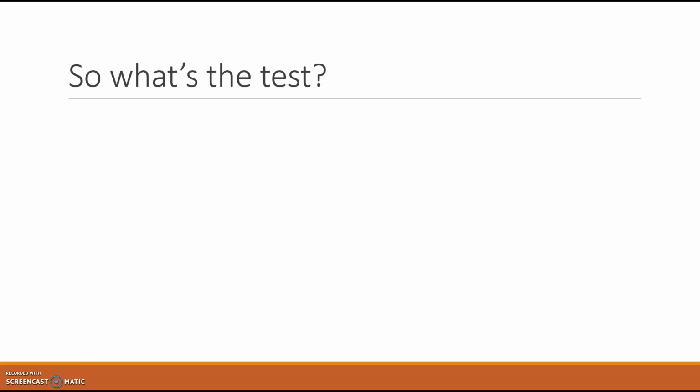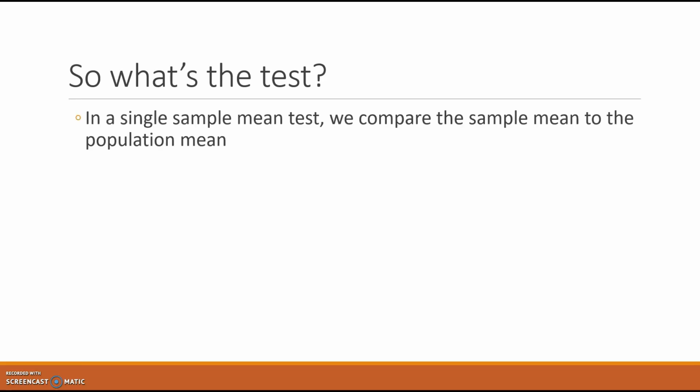Very often the hardest part of statistics is figuring out what test to use. It isn't necessarily doing the test. So, this is Chapter 8. In a single sample mean test, we're comparing the sample mean to the population mean. We want to see if that sample that you have pulled out of the population and presumably done something to, is the same as the population mean.